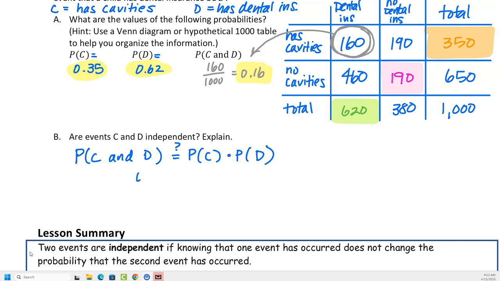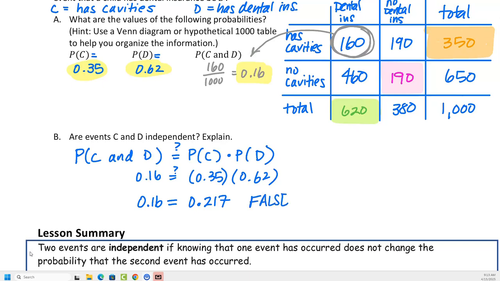So I can do the 0.16, is that equal to 0.35 times 0.62? 0.35 times 0.62 is 0.217. Is that a true statement? The answer is no, it's false. So therefore, it's not independent.